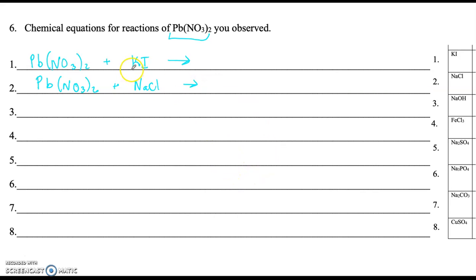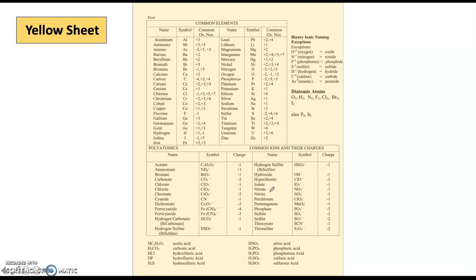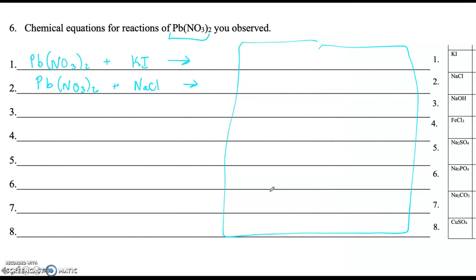So that is step 6. You'll write all of them out for, so lead nitrate will go all the way down. These you'll put into here, and then you got to do some figuring out to figure out what goes on the product side. And then you got to put an AQ or an S behind them all. And that is then the same thing for number, I believe it's 7 as well.